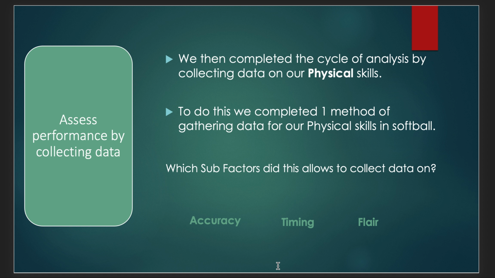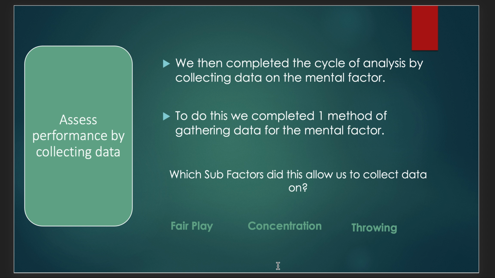Hopefully you remember we were looking at our batting, catching and throwing. So here's a wee question around that. Which sub-factors did this allow us to collect data on? Did the method that we used allow us to gather data on our accuracy, timing or flair?